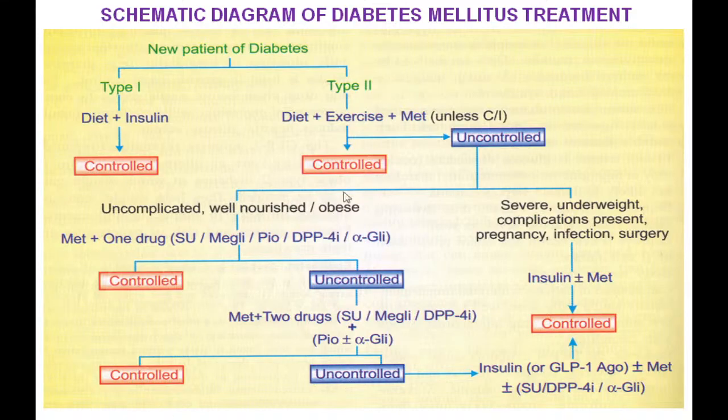After first usage of metformin, the situation can be uncontrolled, uncomplicated, but severe, with underweight, complications present, pregnancy, infections, or surgery. We start to use insulin with metformin.